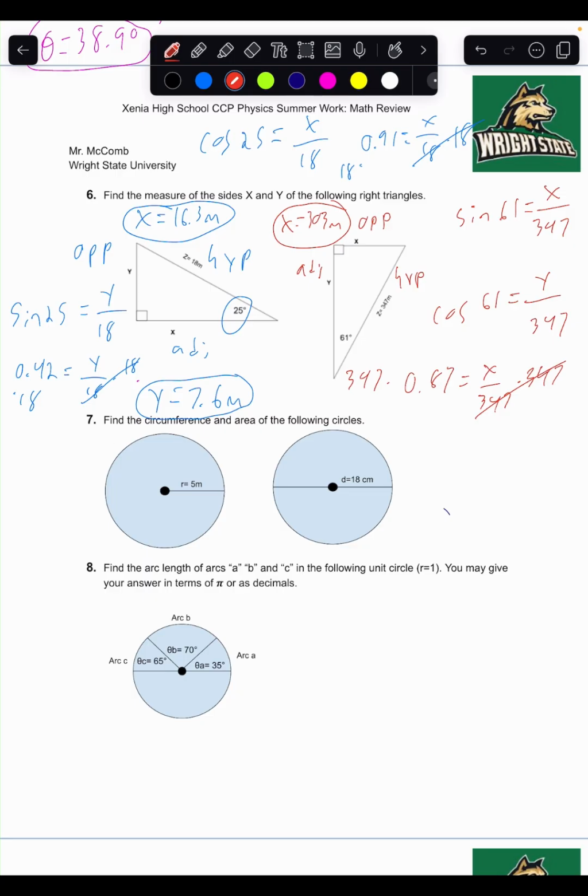Cosine 61 is 0.48 equals y over 347. Multiply both sides by 347. That goes away here. 0.48 times 347 is 168.2. And it's in meters because the rest is in meters.